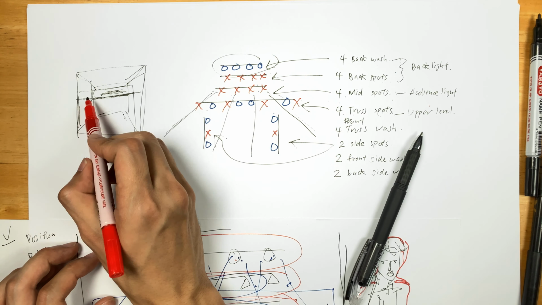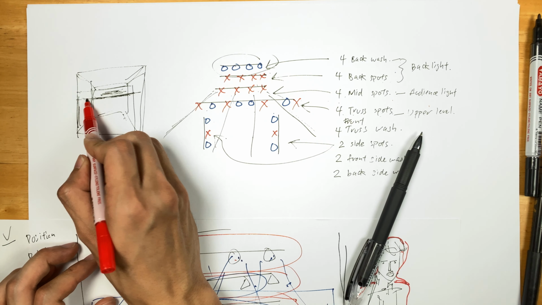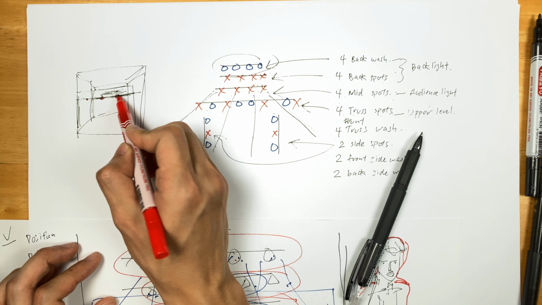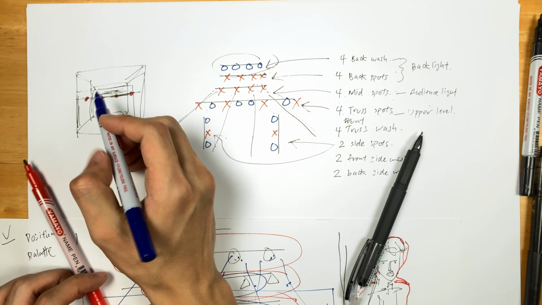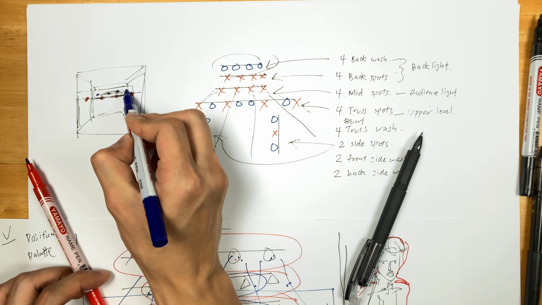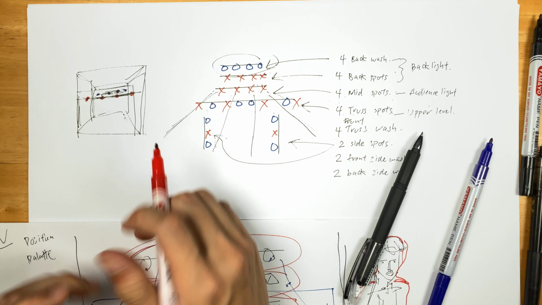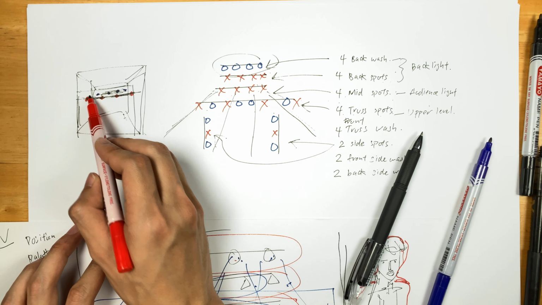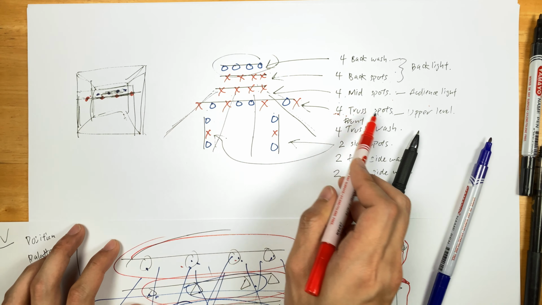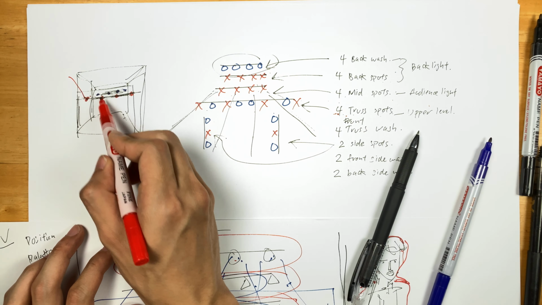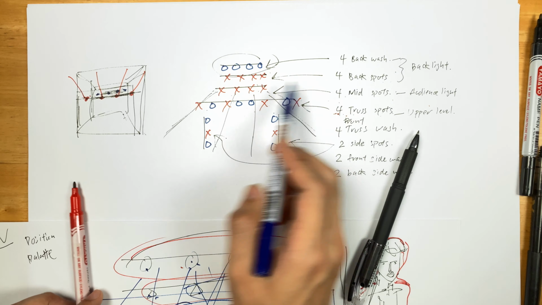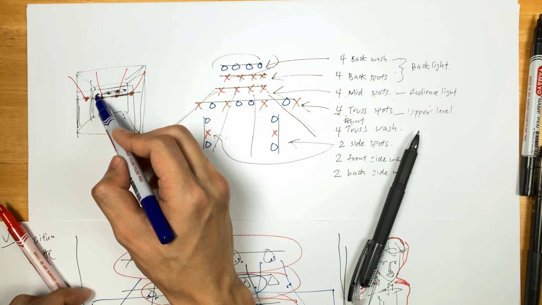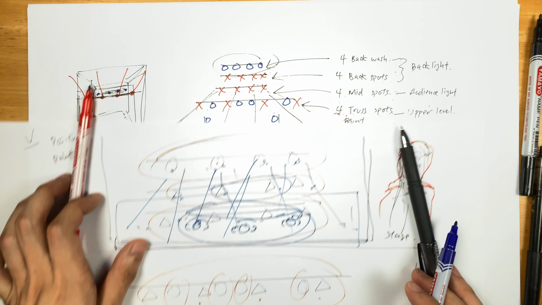Let me use a color pen. So red is this one that will shine on the upper level. We can go this way, and then the ones in the middle mid spot are still in the stage area.